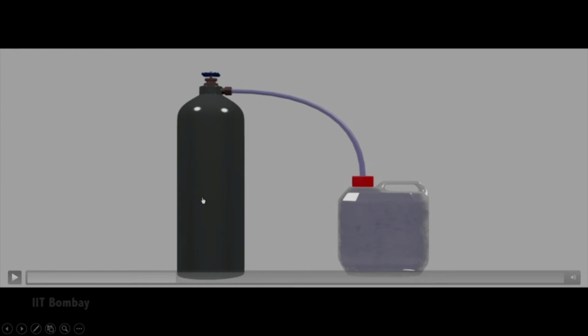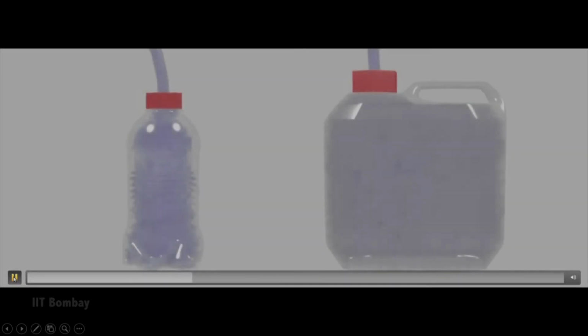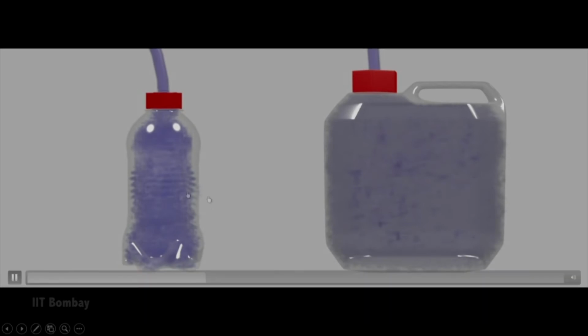I am doing the same exercise here, but the container's volume has changed, and you can see that the gas occupies the entire volume again, irrespective of the fact that the volumes and shapes of the containers have changed. This is where you can compare both the volumes.